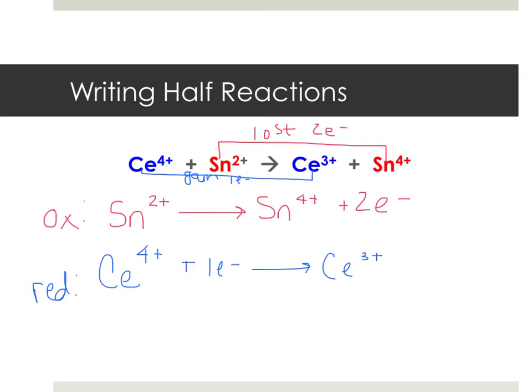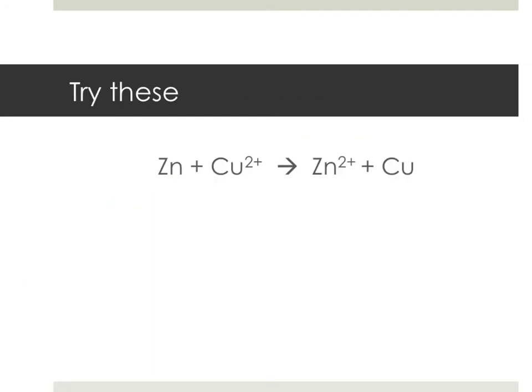Notice that in oxidation half reactions, the electrons are products because they're being lost, whereas in reduction half reactions, the electrons are reactants because they're being gained. Let's look at another example. Pause the video here and try writing oxidation and reduction half reactions on your own first.